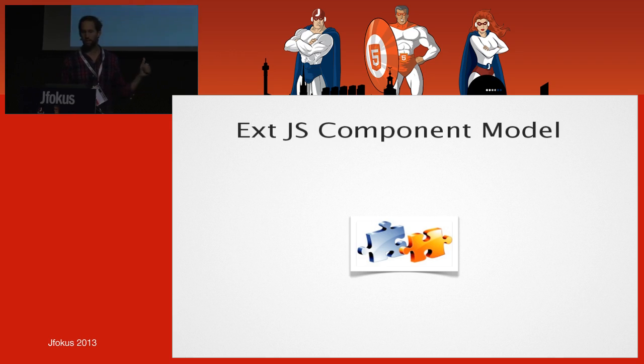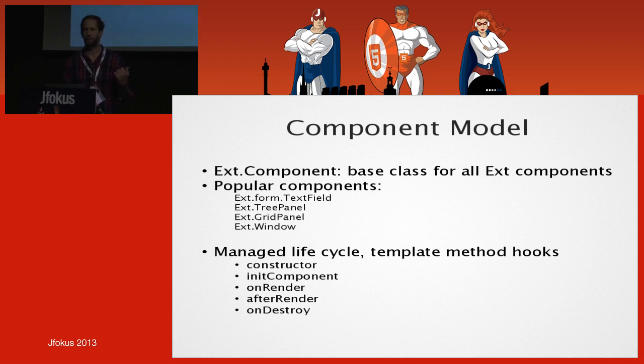So to understand how these widgets work, we have to know a little bit about the component model, which is really, really nice in Sencha. The underlying class that is the base of all these widgets is the Ext component. Other popular components, of course, text field, tree panel, grid panel, window, form, whatever. And the key thing here is that you have a managed lifecycle for these components.